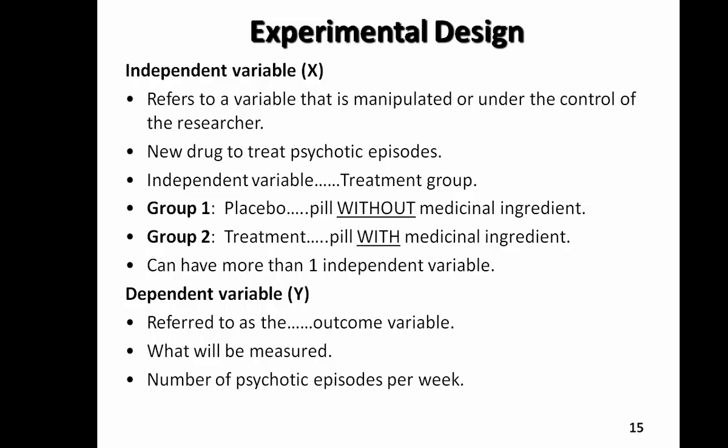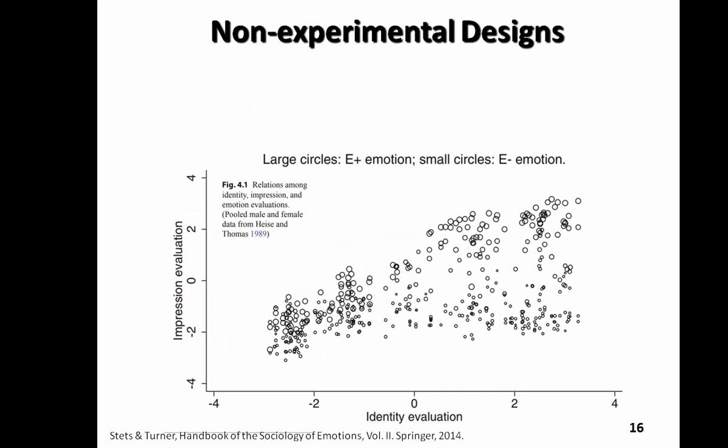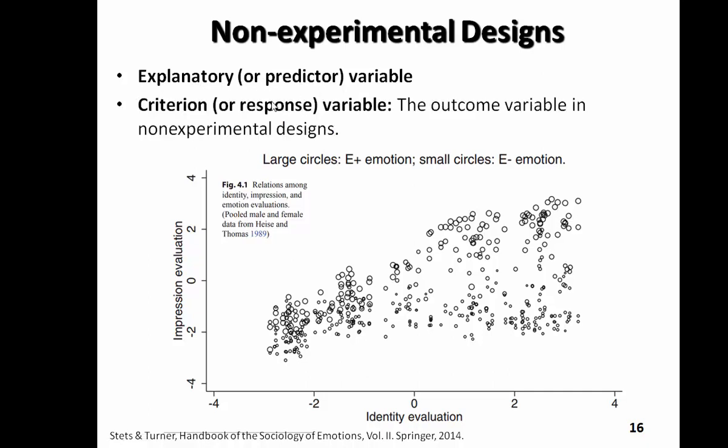effective. The second major type of research design is often referred to as a non-experimental design, and these are designs that do not involve such researcher manipulation of an independent variable. And so studies such as this involve what's called an explanatory or predictor variable and a criterion or response variable.